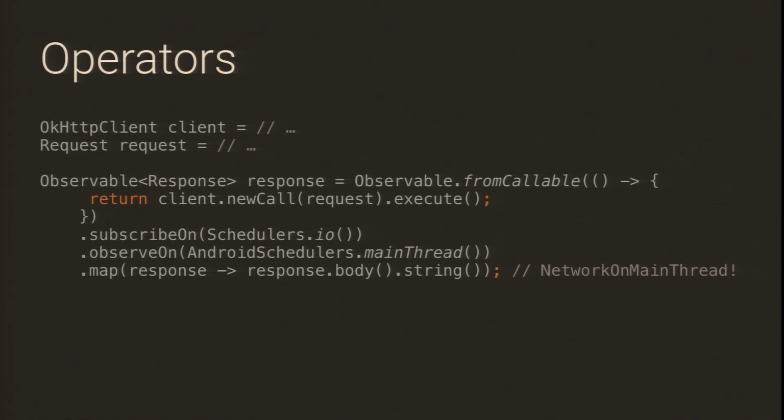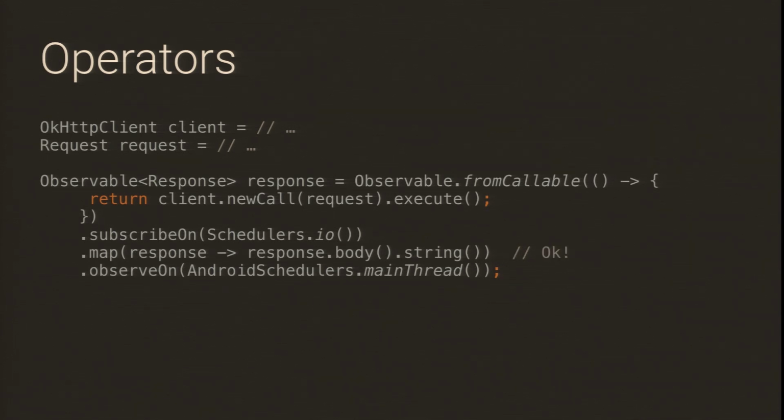And so in this case, having the map operation occur after we've already moved to the main thread, I'm now interacting with a network on the main thread, which on Android is not allowed at all, and so your app is going to crash. But if I reverse the order of those two operations, if I do the read of the response into the string before the data moves to the main thread, it's going to happen, in this case, still on the background thread.